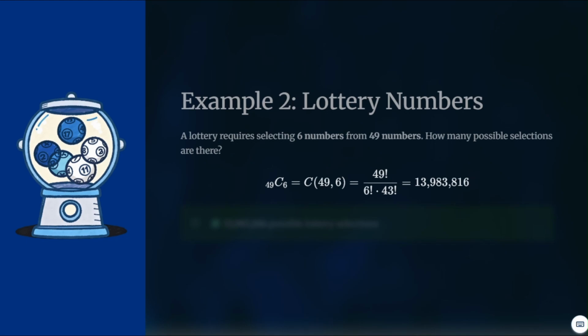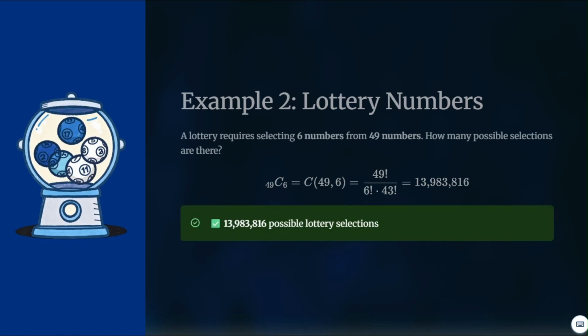And that will be equal to 13,983,816 possible lottery selections. Why a combination? Because, for instance, 1, 5, 12, 20, 35, 49 is the same selection as 49, 35, 20, 12, 5, and 1. Order doesn't matter, only which numbers are chosen.